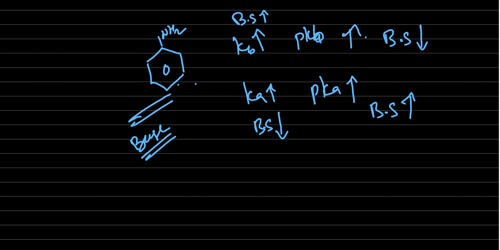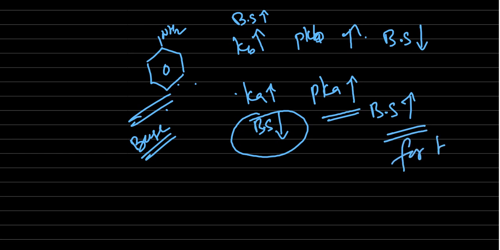For a base, Ka increasing means obviously the acidic nature is increasing, and for a base, acidic strength increasing means indirectly basic strength is decreasing, right? So pKa increasing means of course basic strength is increasing for a base. For an acid, it decreases.